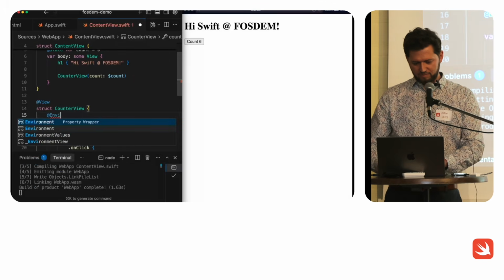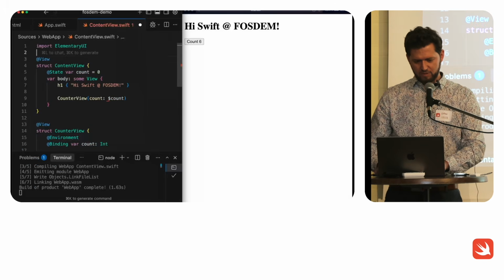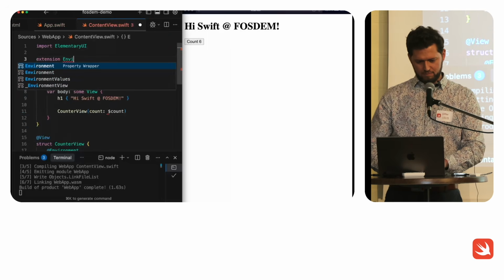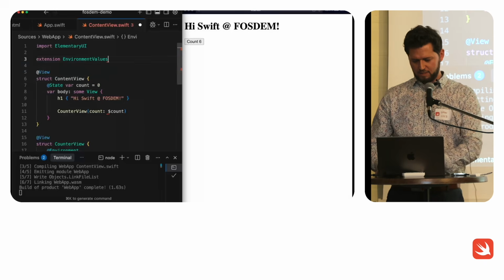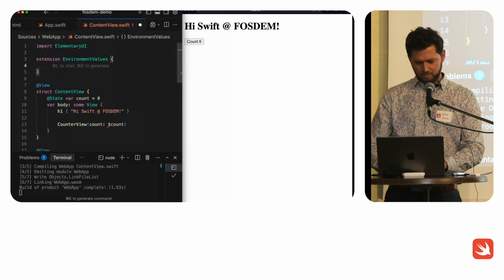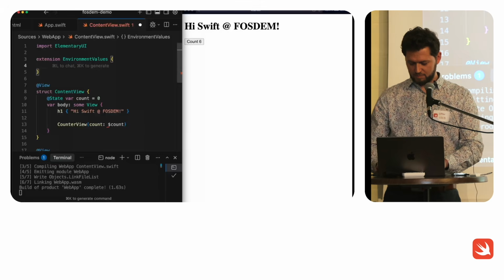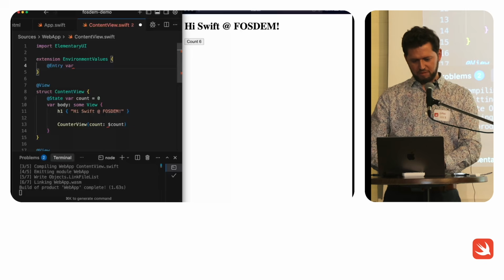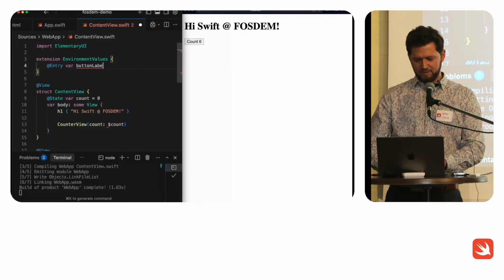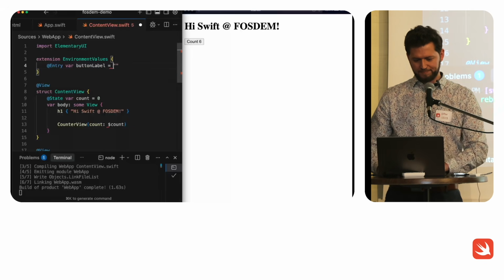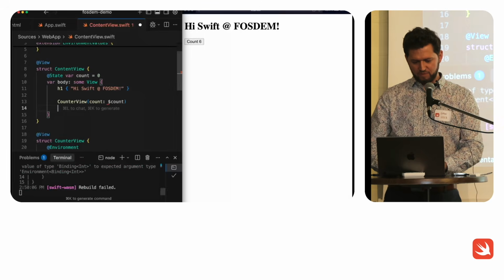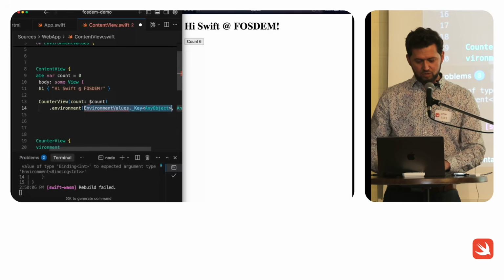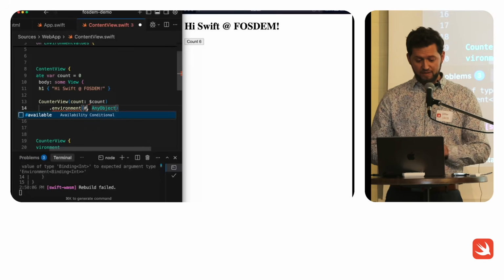Let's maybe use an environment value, and to do so, we can extend this here. Entry. Let's call it button label. And it'll be an empty string. Now we need to provide this thing here. And we can't use key paths in embedded.